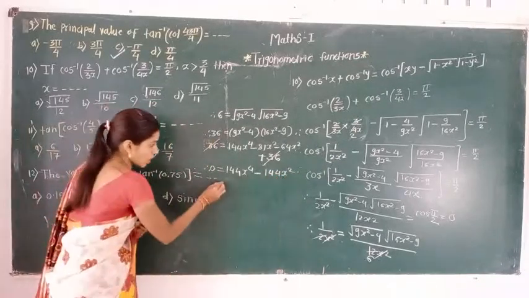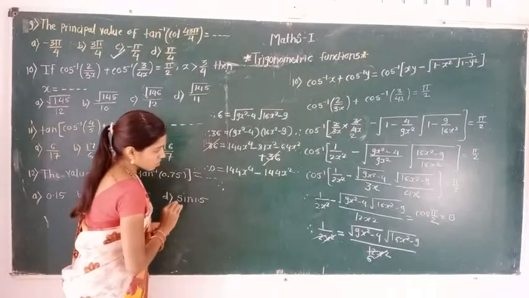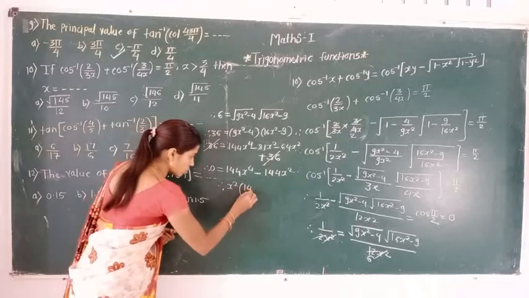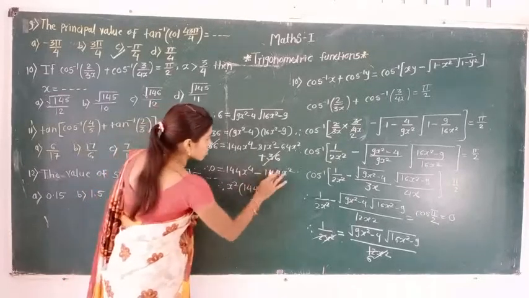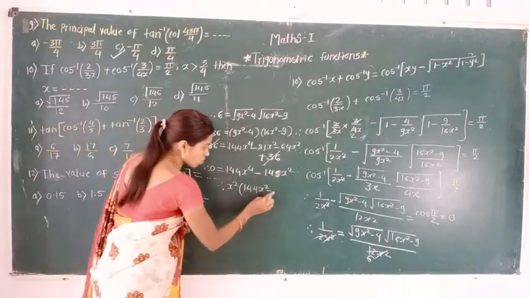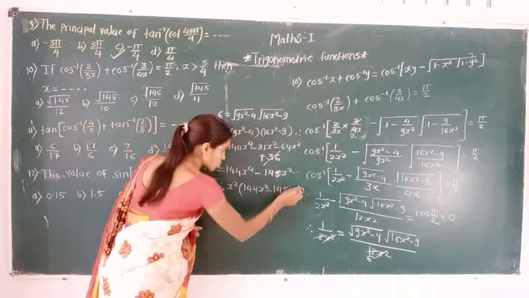So we can write, taking common factor of these two terms, x square in bracket 144 x square minus 145 is equal to 0.